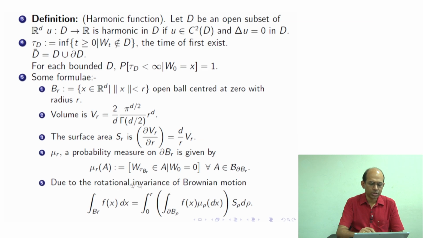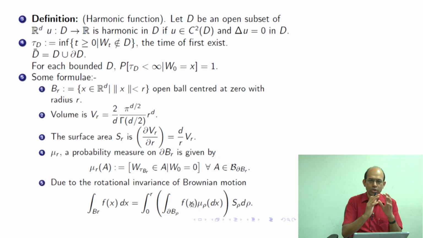Due to the rotational invariance of Brownian motion, as I have explained, one would obtain that the integration of the function f on the whole set B_R, the whole interior and boundary, is exactly the same as if we take levels of spheres with various different radii rho starting from 0 to r.